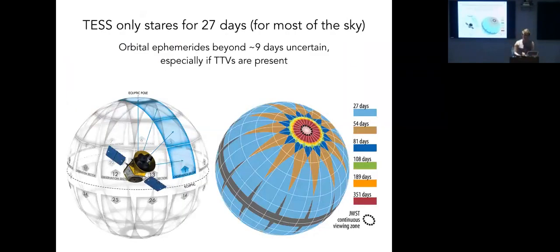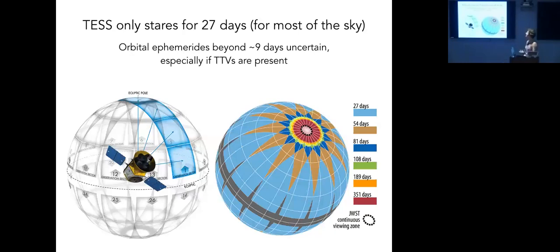Okay, so masses will be great, but there's another problem, which is that TESS has a step and stair pattern that results in the majority of targets only being observed for 27 days. This is a problem because most planets from Kepler have orbital periods of about 10 days, but you need 3 transits to actually measure the orbital period, even roughly.